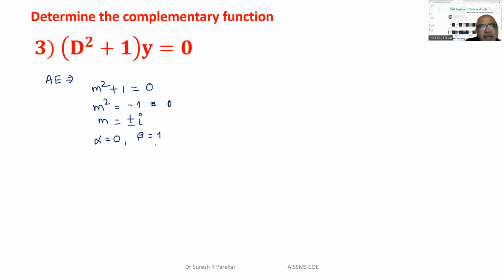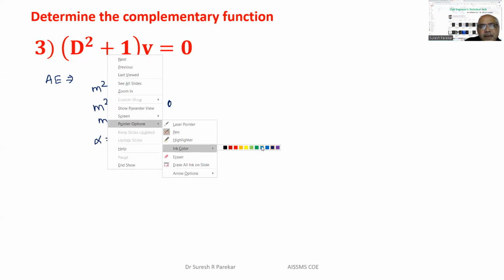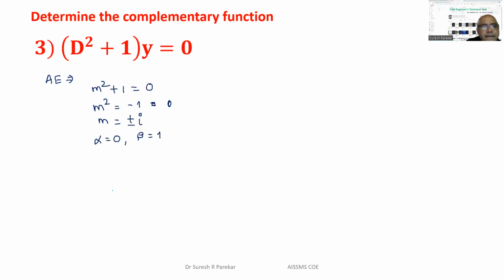And then knowing this, we are in a position to write the complementary function. So if you remember, the complementary function for this is e raised to alpha x into (C1 cos beta x plus C2 sin beta x).